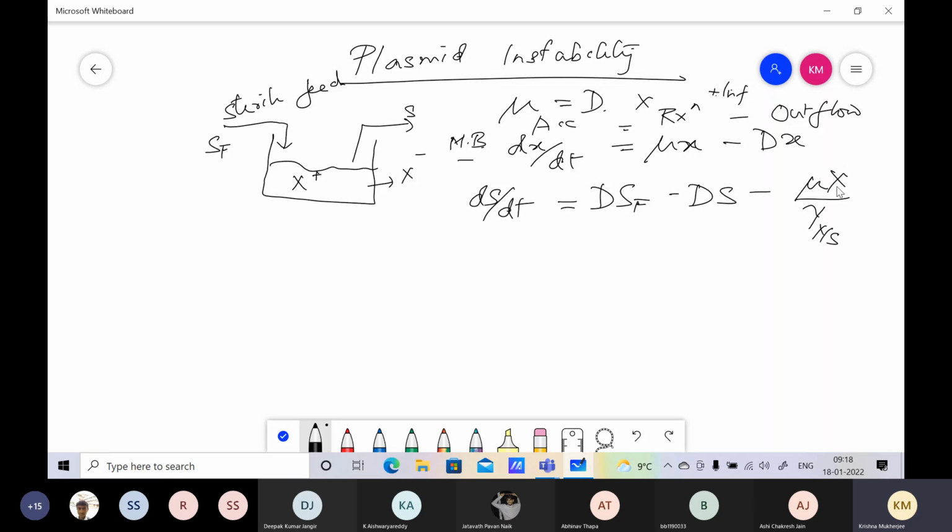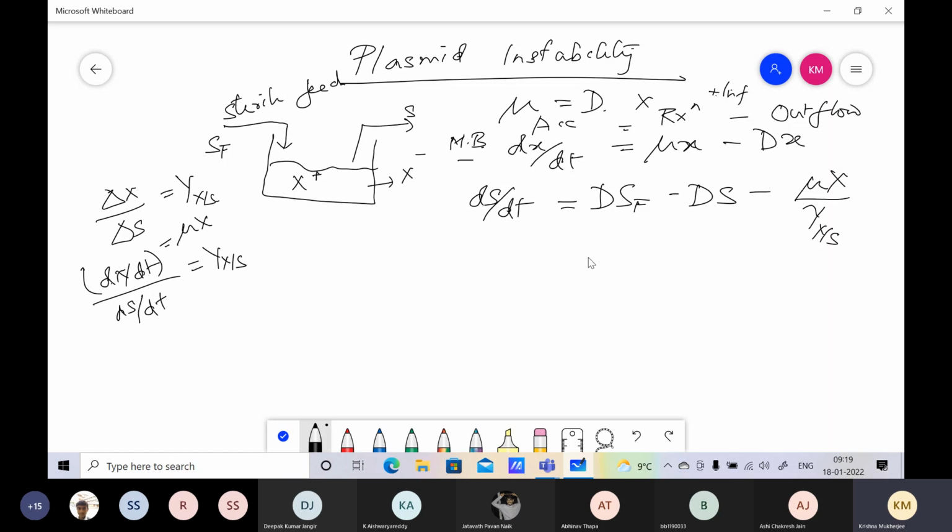Because if the rate of growth is mu into x, then divided by Y_x/s is the rate of consumption of substrate, because remember that delta x by delta s is equal to Y_x/s, the yield, and therefore dx/dt upon ds/dt is also equal to Y_x/s. And dx/dt is equal to mu into x, so you understand that the rate of substrate consumption will be mu x divided by Y_x/s.